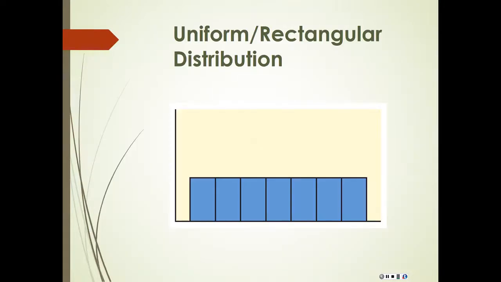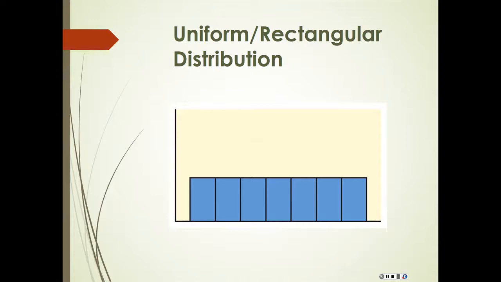If we had a histogram that looked like this, this histogram is referred to as a uniform distribution because all of the frequencies for all of the classes are relatively the same. The bars are about the same height.